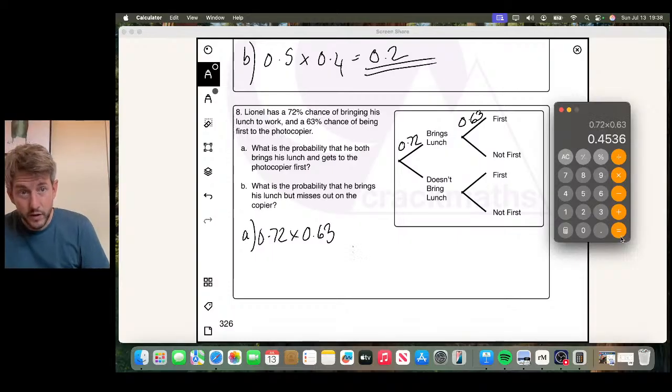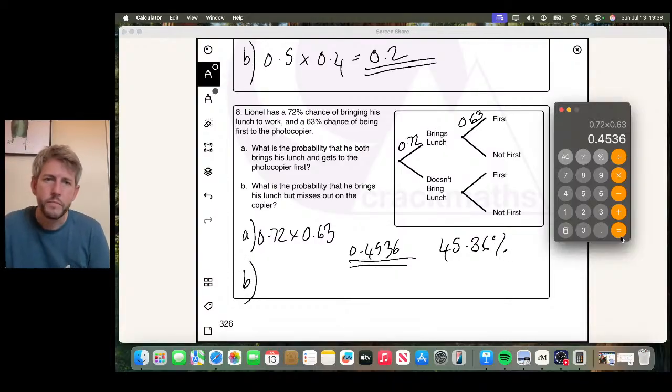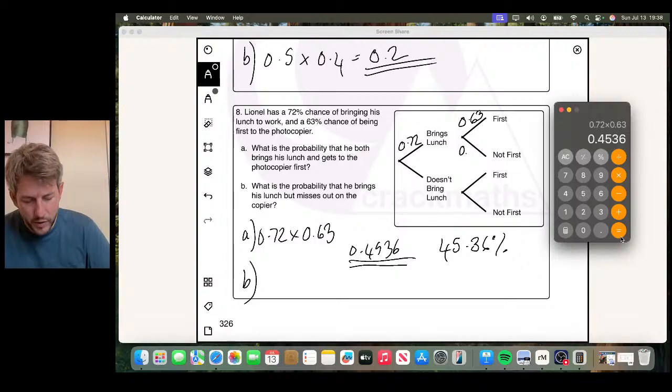Okay, so that will be 0.4536. And then I remember from the last round of answers, it might well be in the answer scheme as 45.36%. The next one, what is the probability that he brings his lunch but misses out on the photocopier? So that'll be 0.37 here.